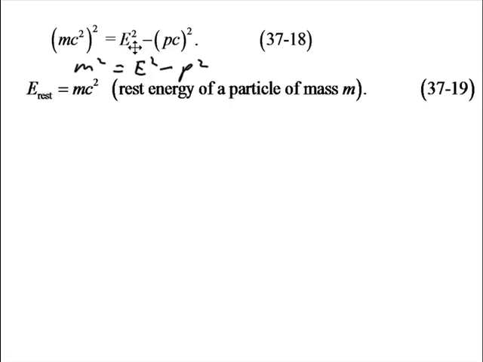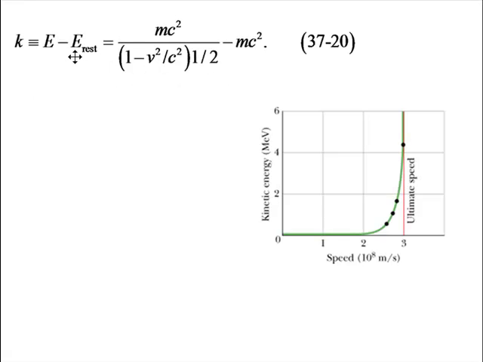We've got an equation for the energy. The energy is just mc squared divided by 1 minus v squared over c squared, raised to the 1/2 power. And the kinetic energy should just be the total energy minus the rest energy.